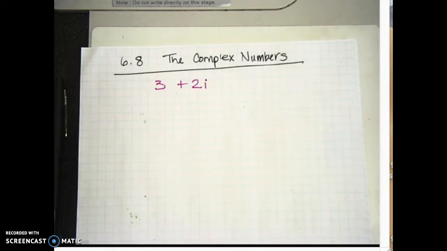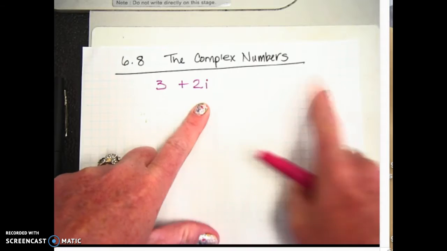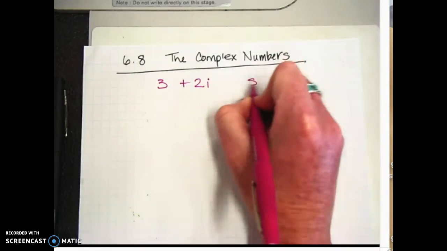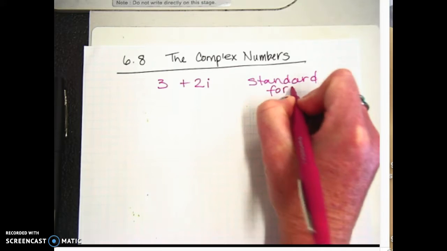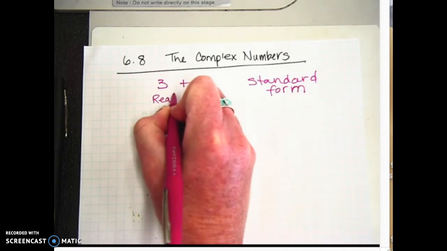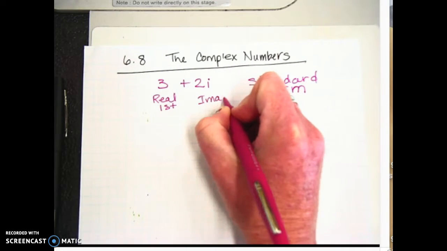But you can combine like terms. So if you had other real numbers, you can combine them. And if you had other imaginary numbers, you could combine them. Now, when you're writing in what we call standard form, you want to put the real number first and the imaginary number second.